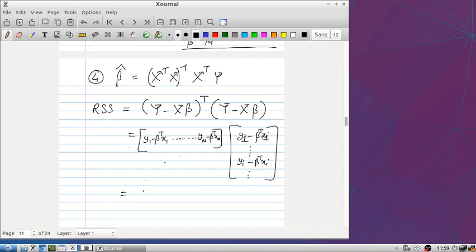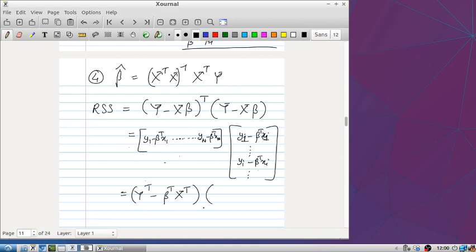If there is a transpose of two things, you can just break it into minus beta transpose x transpose. I just brought the transpose inside, and (AB) transpose is B transpose A transpose.